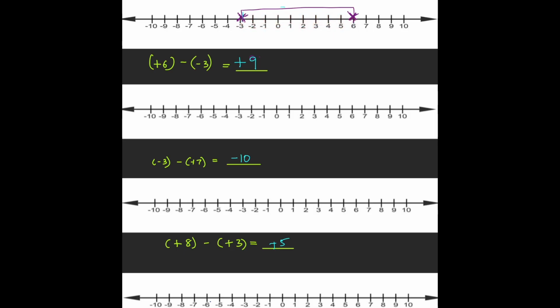So write 9 steps here. We always start from the second one, from whatever is to be subtracted. The negative integer is here and we move towards the right, so we just write plus 9.